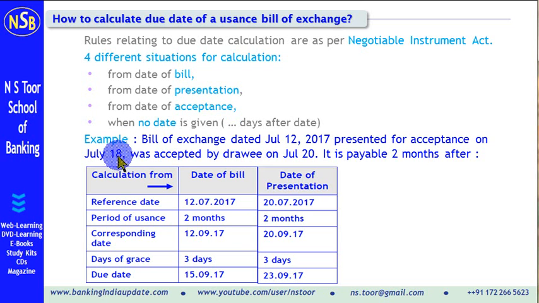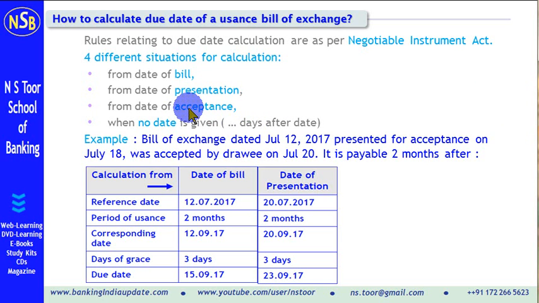So instead of taking July 18 as the reference date, we are taking July 20th as date of reference. So 20th July, add 2 months, it becomes 20th September, add 3 days of grace. So due date shall be 23rd of September. So this is the precaution we have to take whenever we are asked to make calculation with reference to date of presentation. The reference date shall be taken as date of acceptance.